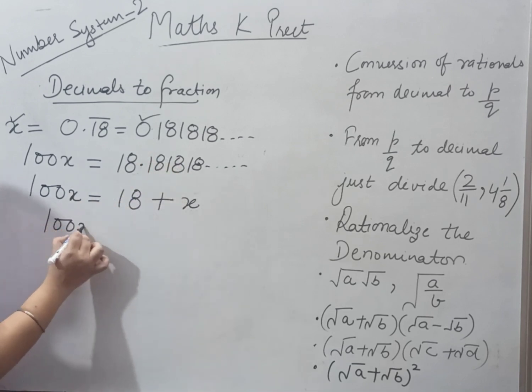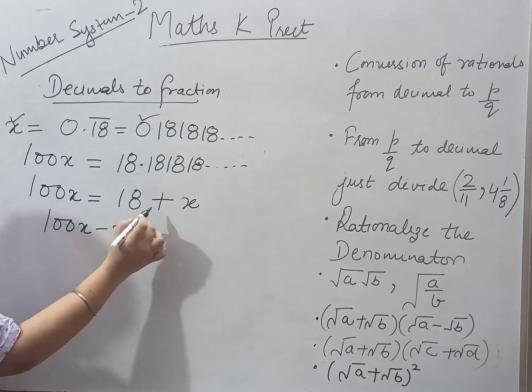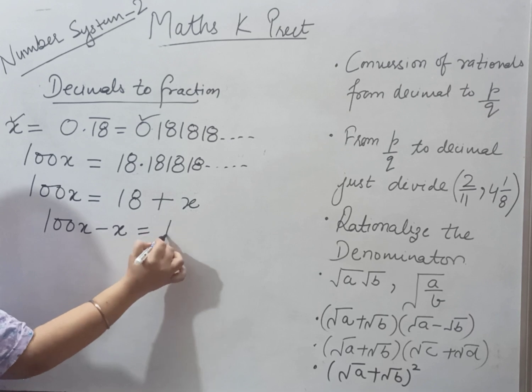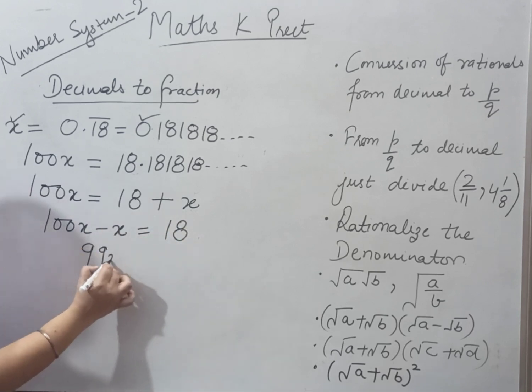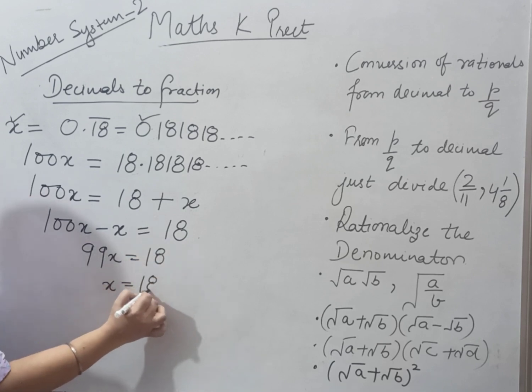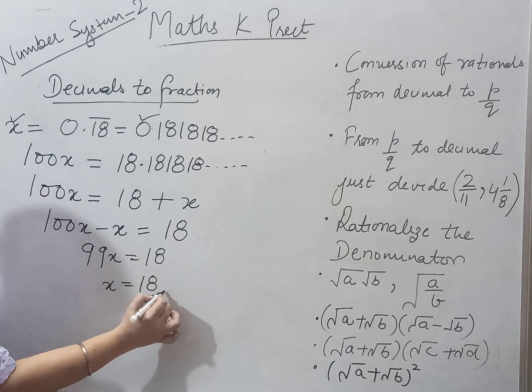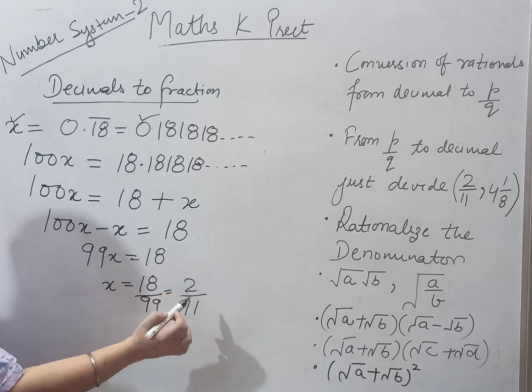So 100x, we will take this x to the left hand side. It will now be minus x. From plus it will change to minus. So 99x is equal to 18. x is equal to 18 by 99. So dividing by 9 it will be 2 by 11.